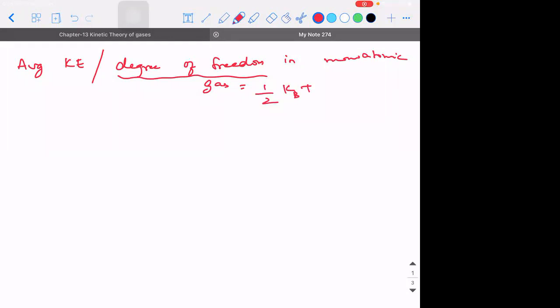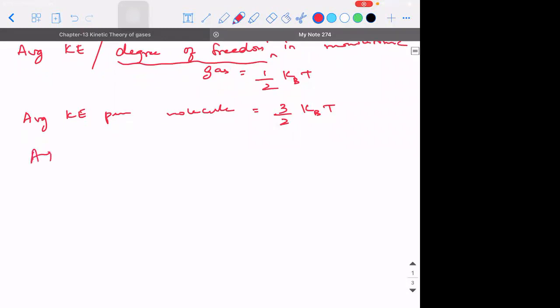Right. So what will be the average kinetic energy per molecule in this case? It will be 3 by 2 into kB into T. Why? Because of how many degrees of freedom does it have? 3. So 3 into half into kB into T, that's why 3 by 2 kB T.